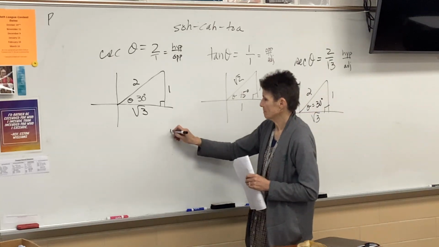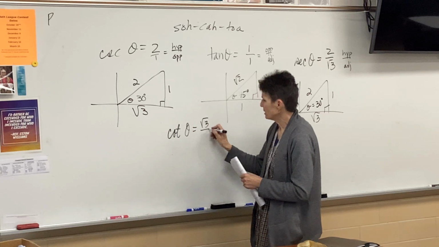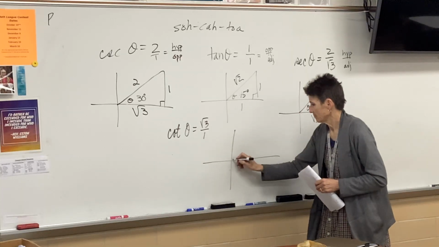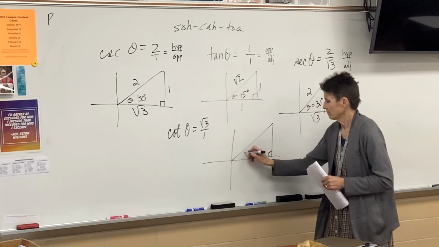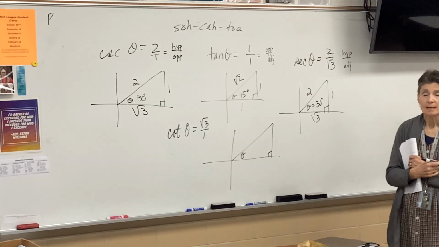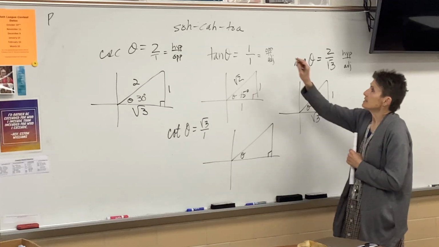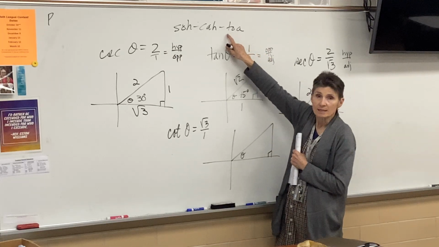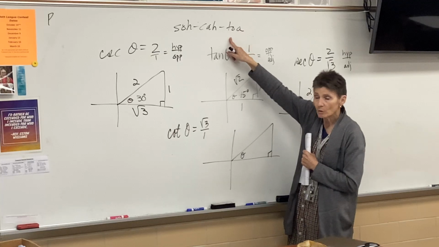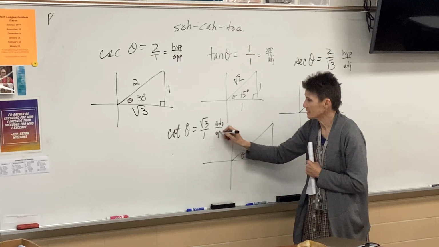One more of these. Cotangent is root 3 over 1. Cotangent is the reciprocal of the tangent. Since the tangent is opposite over adjacent, the cotangent will be adjacent over opposite.